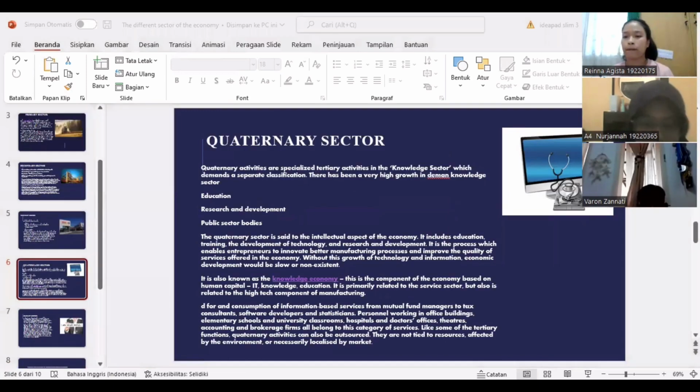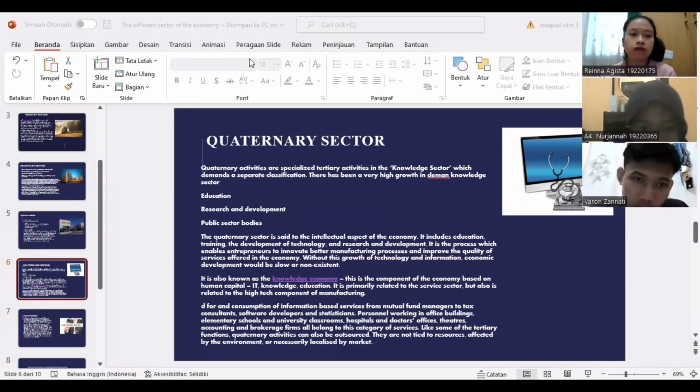Quaternary sector. Quaternary activities are specialized tertiary activities in the knowledge sector, which demands a separate classification. There has been a very high growth in the main knowledge sectors: education, research and development, and public sector bodies. The quaternary sector is said to be the intellectual aspect of the economy.